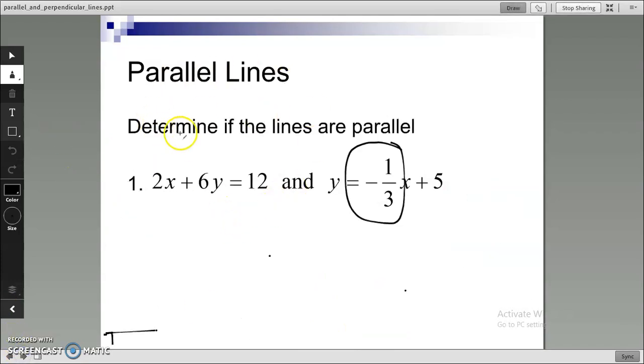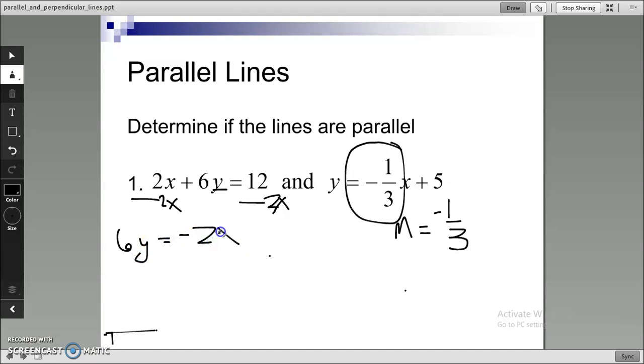All right, let's determine if the lines are parallel. So we need to look at their slope. I've already circled this, and I circled it because we can easily see the slope here is negative 1/3. So we need to find the slope of this one. It's not in y-intercept form, so I'm going to have to put it in y-intercept form. So I need to solve for my y. So the first thing I do is subtract 2x from both sides, and I get 6y is equal to negative 2x plus 12.